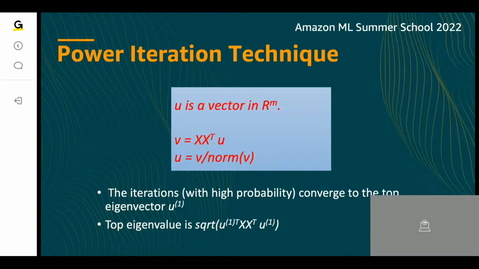Once you do that, with high probability you converge to the eigenvectors you were looking for in the first place.